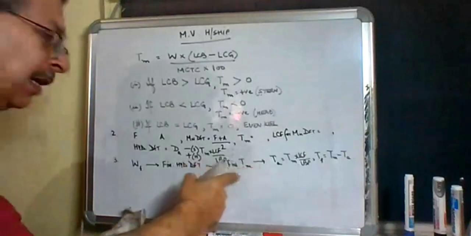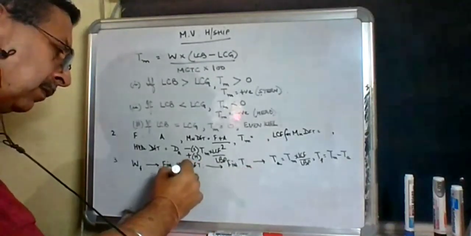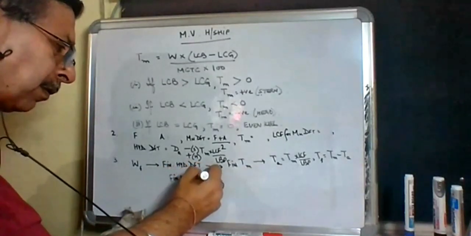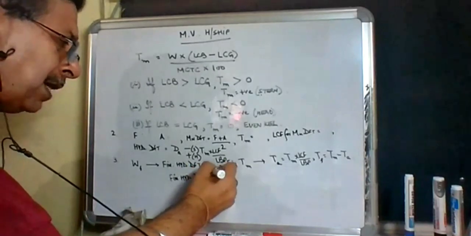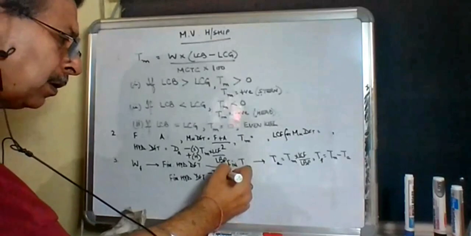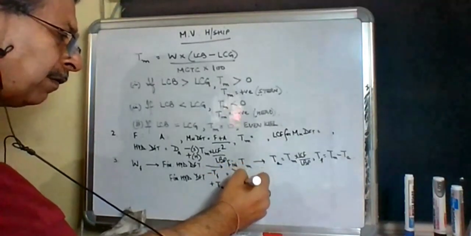You apply the TF and TA to the final hydrostatic draft. Final hydrostatic draft minus TF plus TA will give you final draft forward, final draft aft.